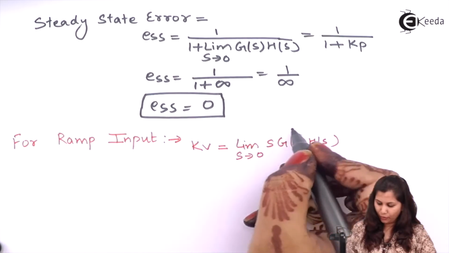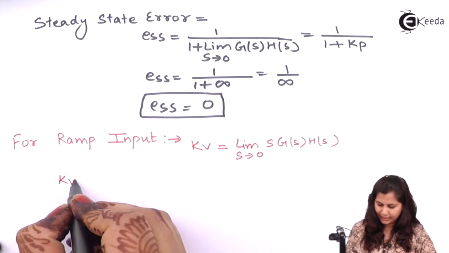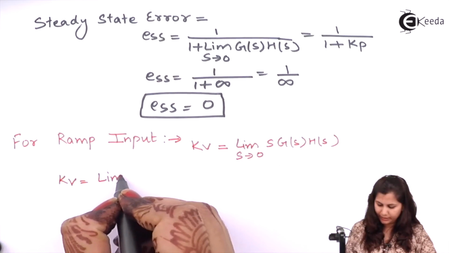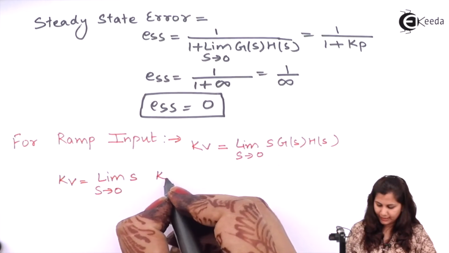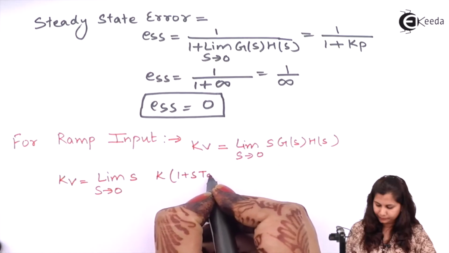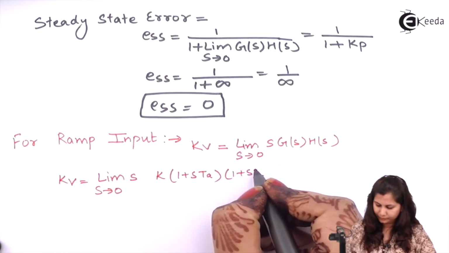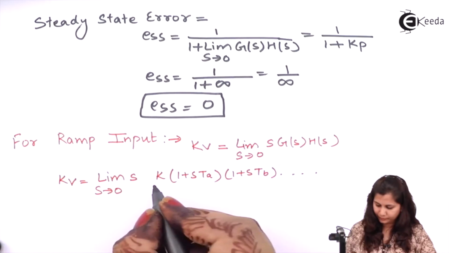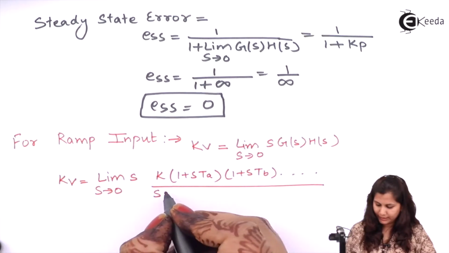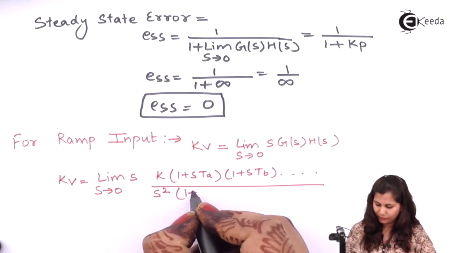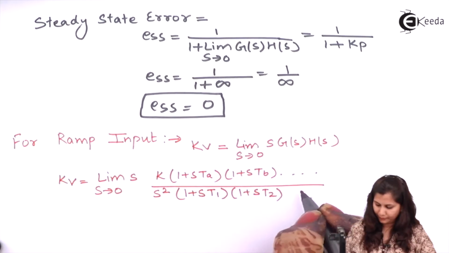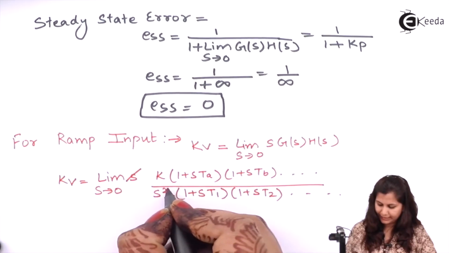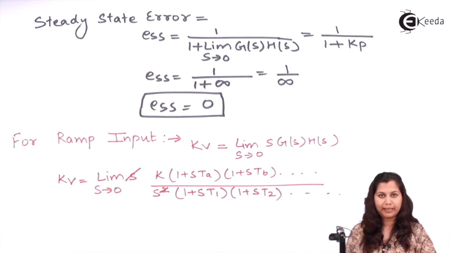Putting the value of G(s)H(s), we get Kv equals limit s tends to 0 of s times K upon, because it is a type 2 system, s square. So this s will be cancelled with this, and we are left with 1 by s here.